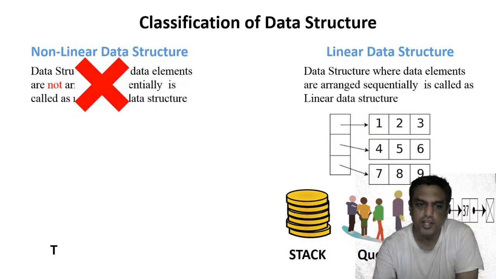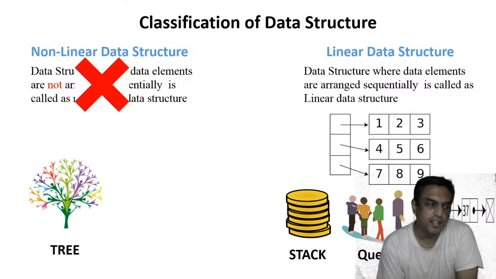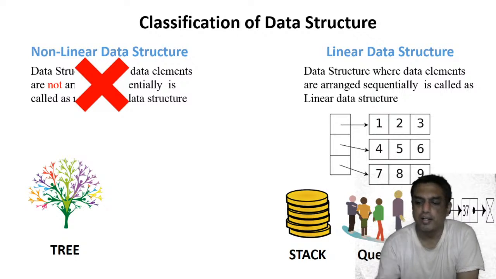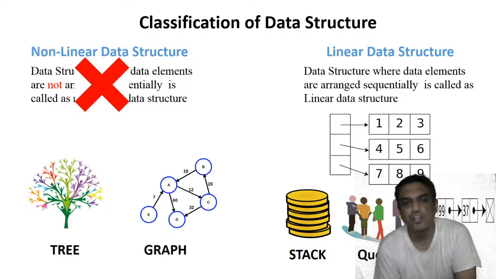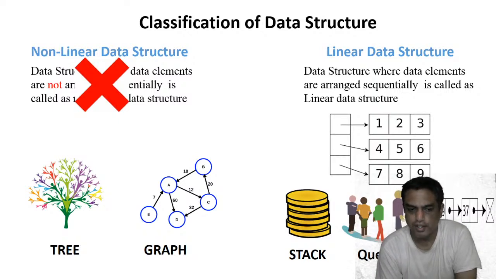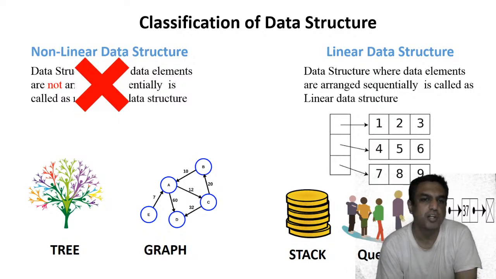What about non-linear data structure? Tree is an example of non-linear data structure and graph is also an example of non-linear data structure. If you remember, these are nothing but our future chapters. Right now we are learning chapter number 1. Chapter number 2 is about searching and sorting.